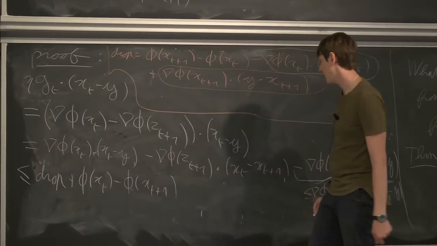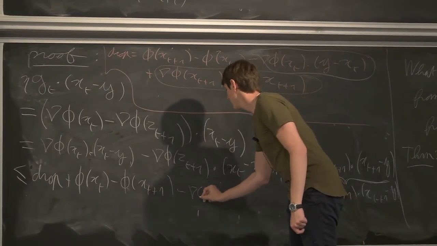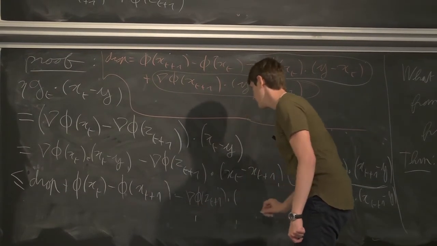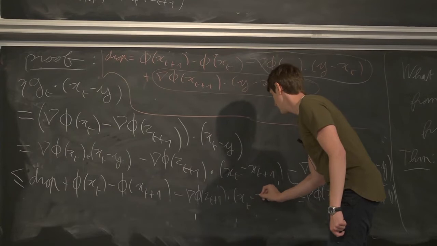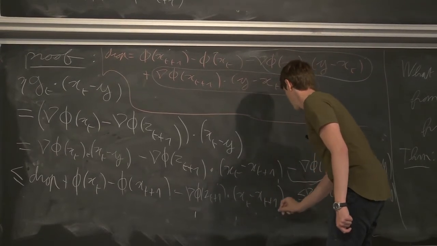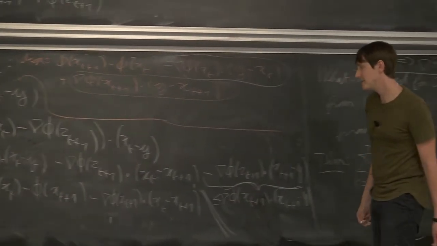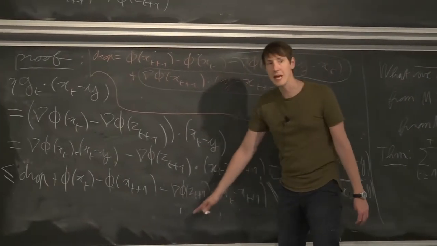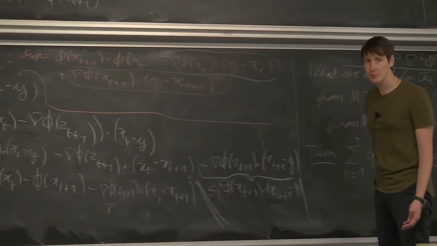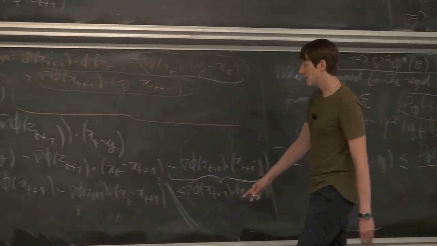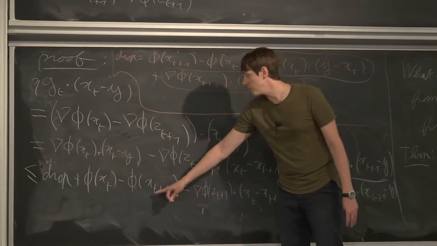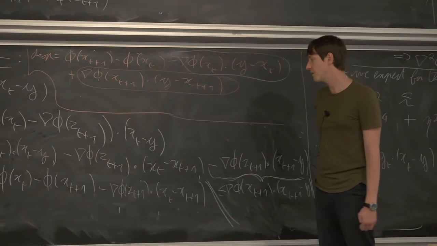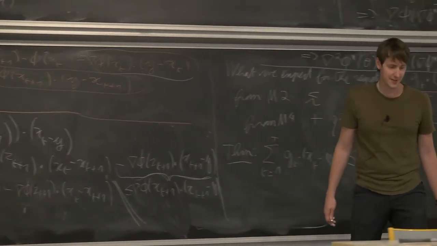And we have this term, which we haven't accounted for yet, minus grad phi of zt plus 1 inner product with xt minus xt plus 1. Okay, but this is starting to look fairly reasonable. This smells like a Bregman divergence type term again, except that it would be a Bregman divergence term if it was phi of zt plus 1 here.